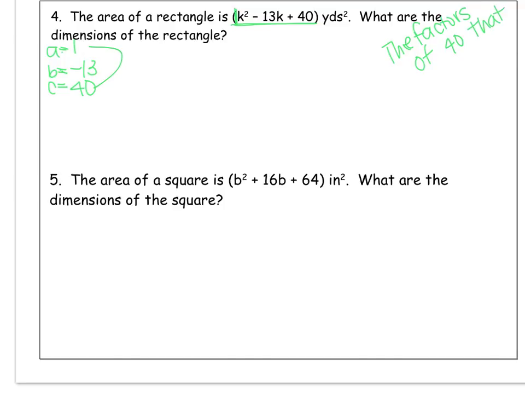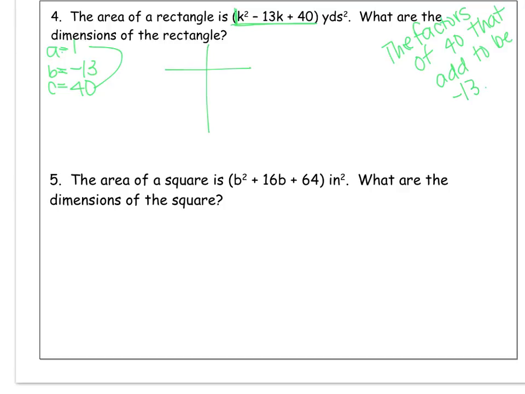I need to decide if it's add or subtract. So I always go to this right here, and that's a plus sign. So I'm looking for the factors of 40 that add to B, and B in this case is negative 13.